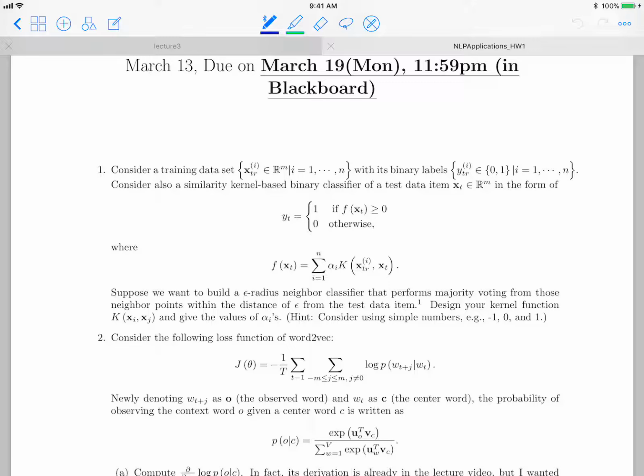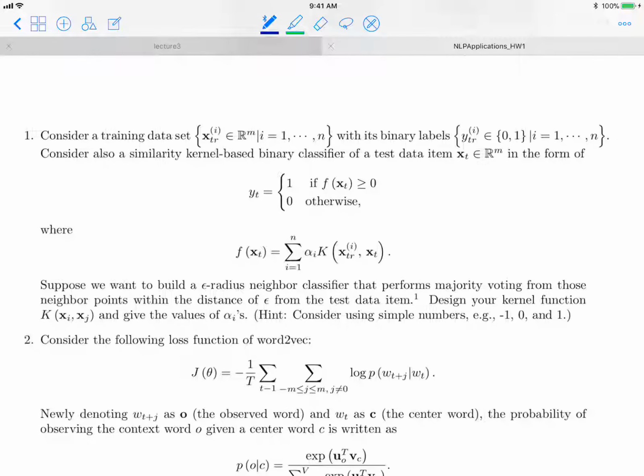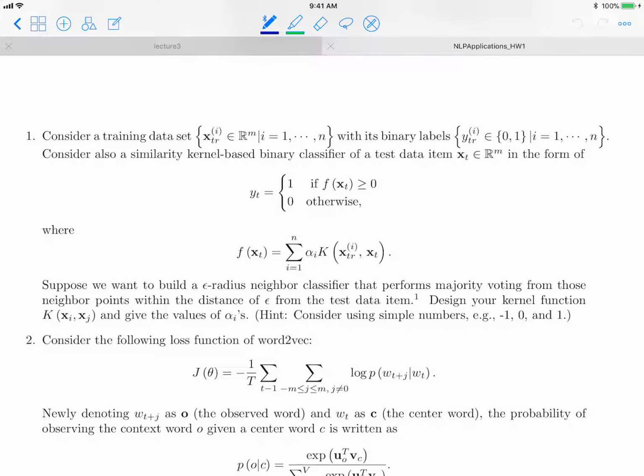I didn't have enough time to read or check all your submissions, but maybe halfway through them, and it was quite interesting, and I enjoyed reading your submissions, and sometimes I also learned something from them as well. So let's look at the first problem.